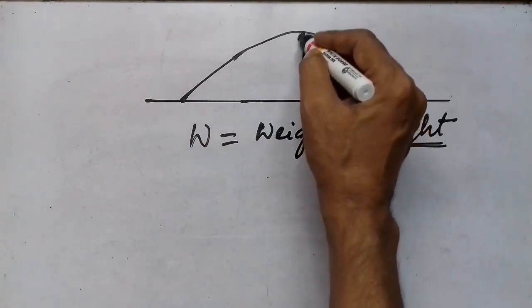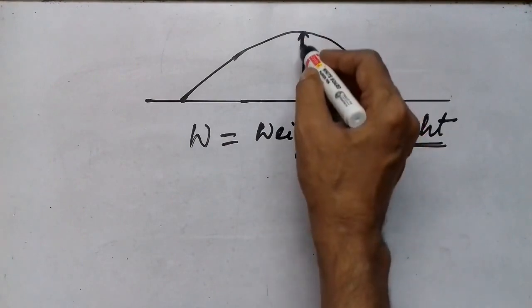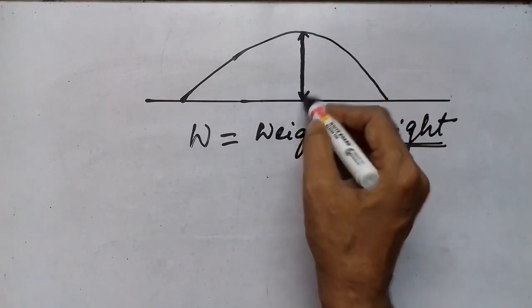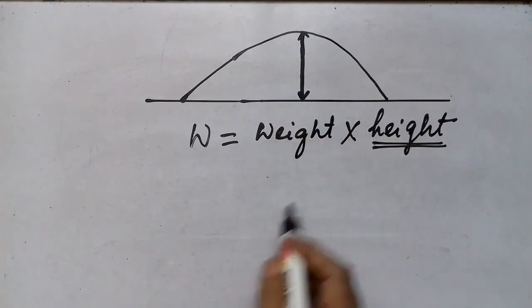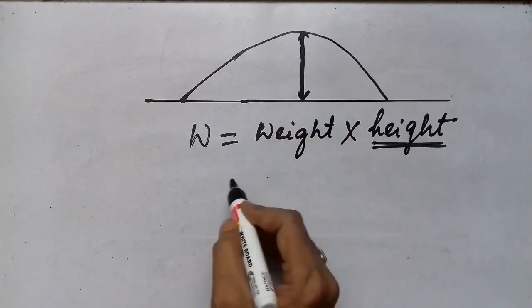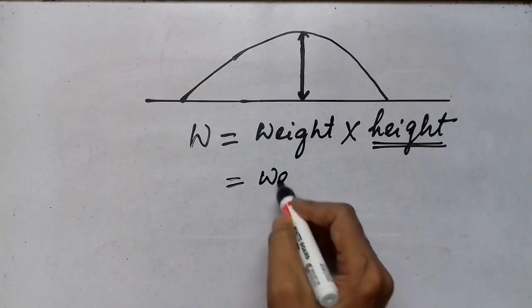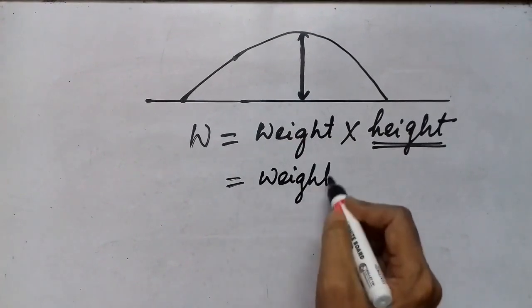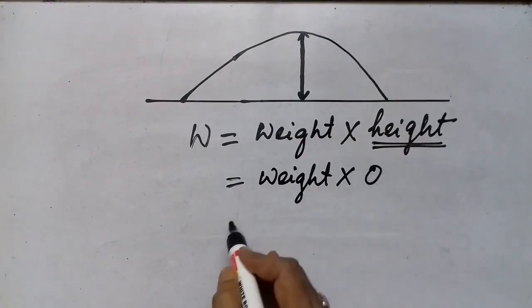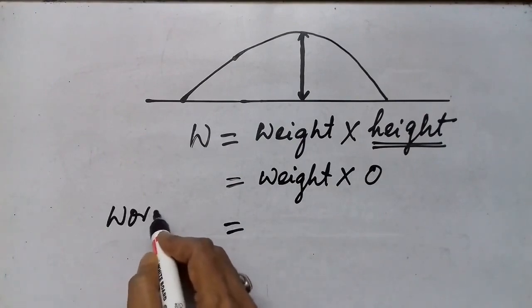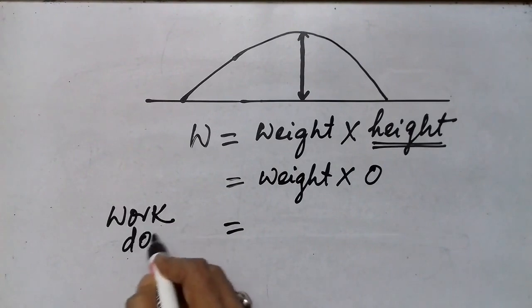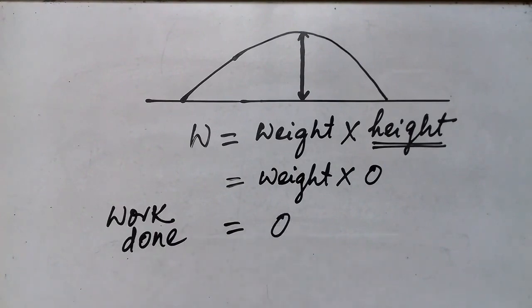Though it attains this height, it comes back again. So the vertical displacement becomes 0, this part becomes 0. So the gravitational force, that is weight, multiplied by 0. So work done by gravitational force on this object will be 0.